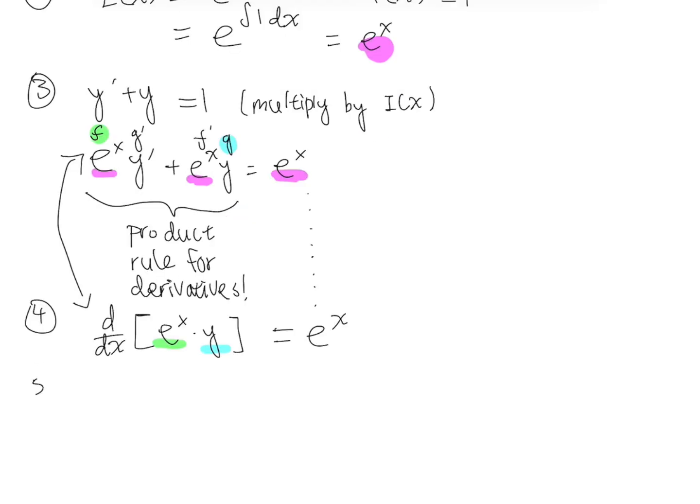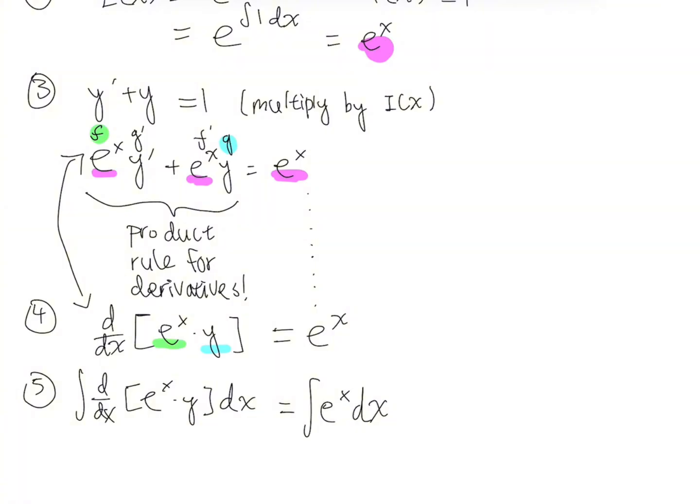For step 5, we will integrate both sides. And by the fundamental theorem of calculus part 1, we know that this cancels and we're just left with e to the x times y equals e to the x plus c.